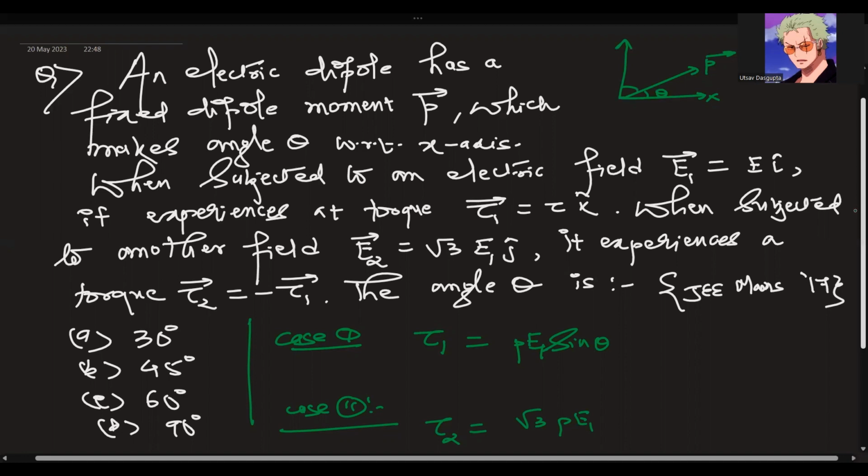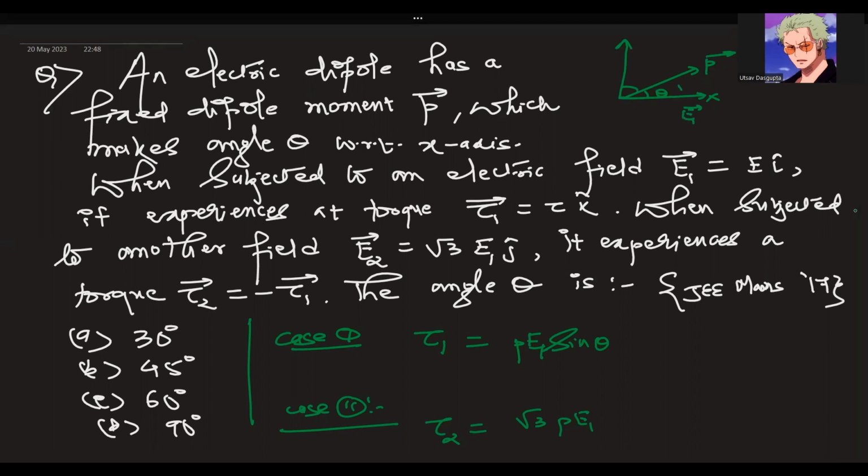Then only P cross E will be the opposite direction, that if electric field E1 is along x axis, the torque will be this side along clockwise direction. ঠিক আছে? Yes, sir, clear.